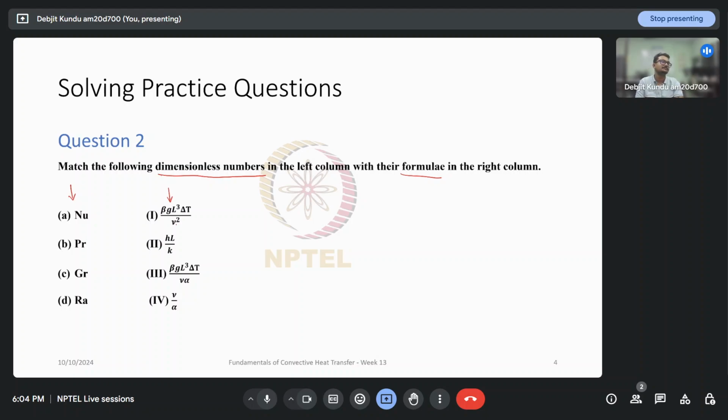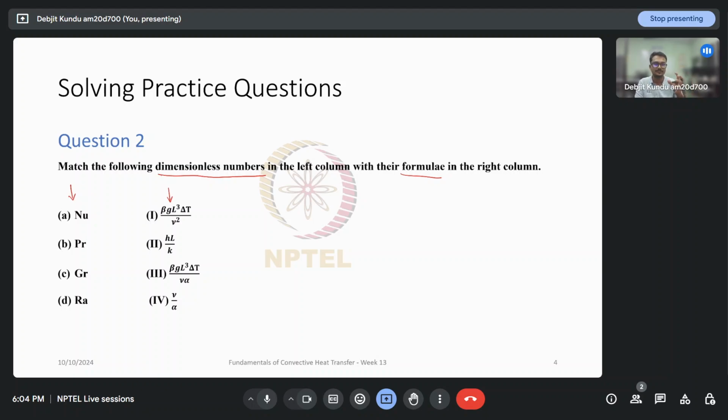For example, beta is the coefficient of expansion, g is the acceleration due to gravity, L is the characteristic length scale, delta T is the characteristic temperature difference, H is the convective heat transfer coefficient, K is the conductive heat transfer coefficient, and so on. Nu and alpha are the momentum and thermal diffusivities, respectively. I guess I've listed all of them by now.